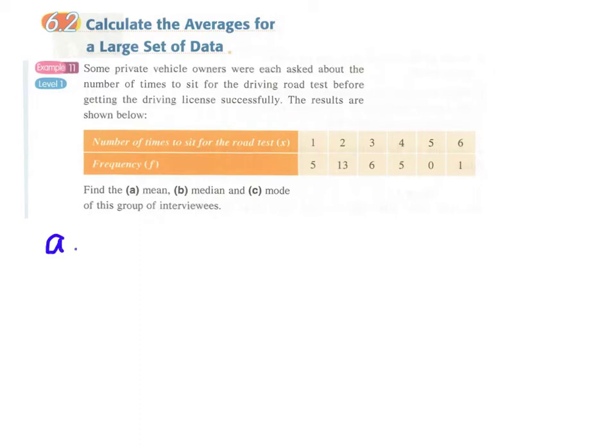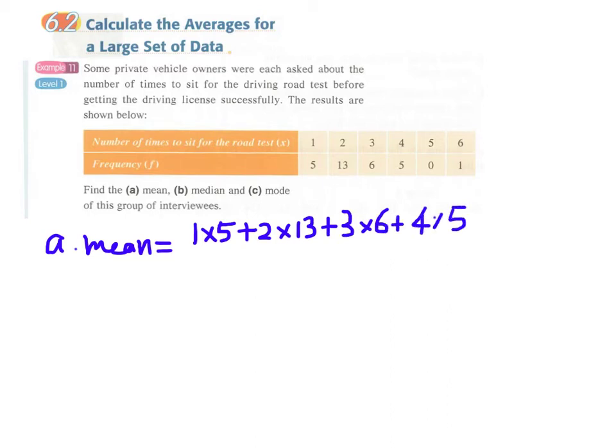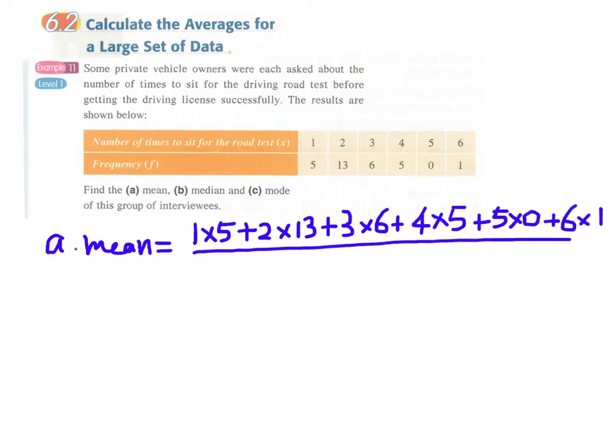And for the mean, we can just multiply the number of times with the frequency, and then add up all those numbers. 4 times 5, 5 times 0, plus 6 times 1. And this will be the total number of trials.